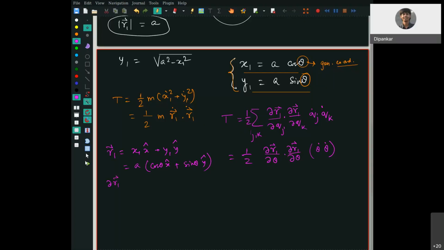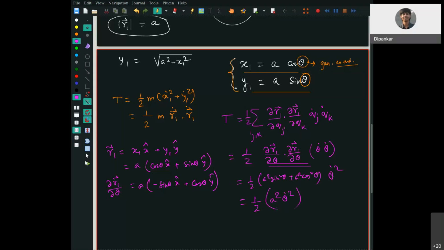Now of course, del r1 by del theta you can calculate from here: it is basically minus a sine theta x cap plus a cosine theta y cap. Okay. Now I have to compute this, so del r1 by del theta magnitude squared. That gives me a squared sine squared theta plus a squared cosine squared theta, times theta dot squared. So that just becomes half a squared theta dot squared, which is what you should expect, right?